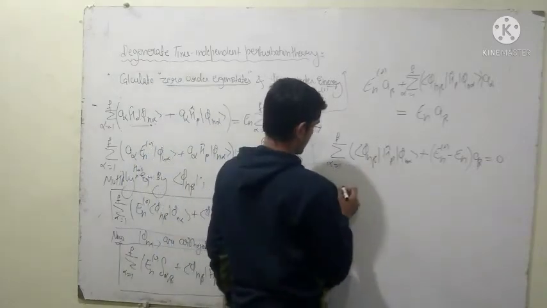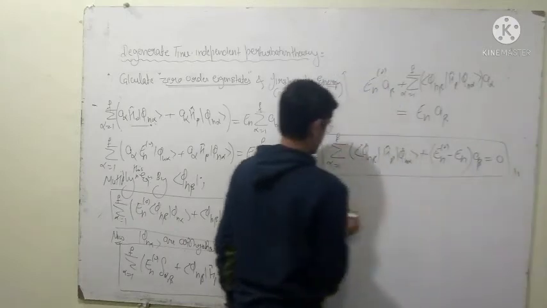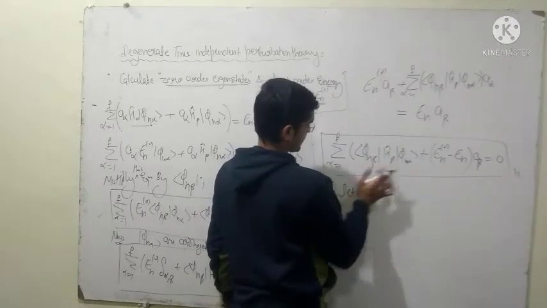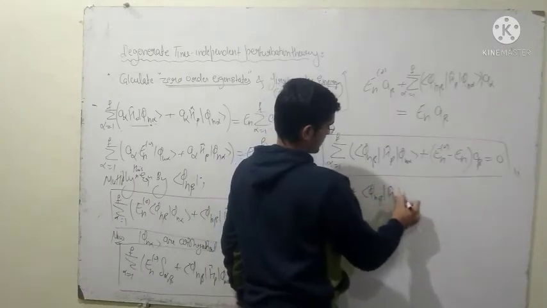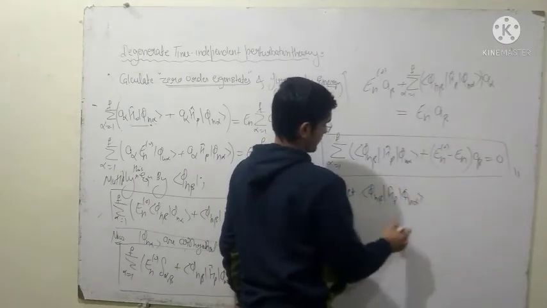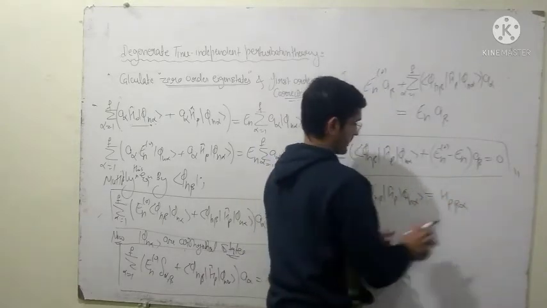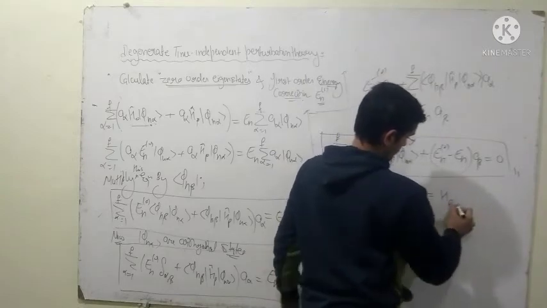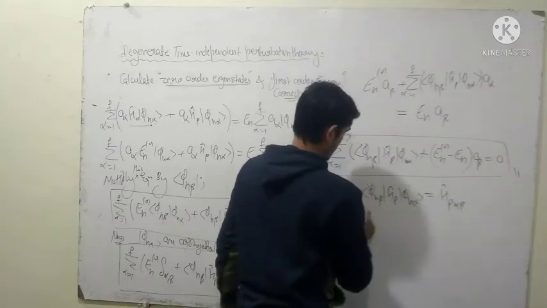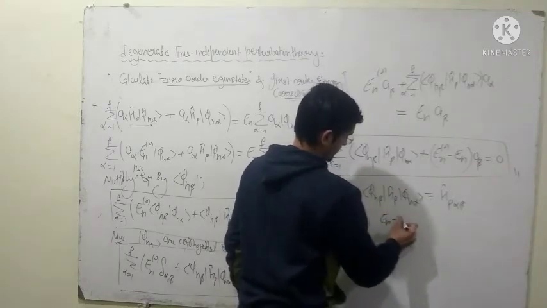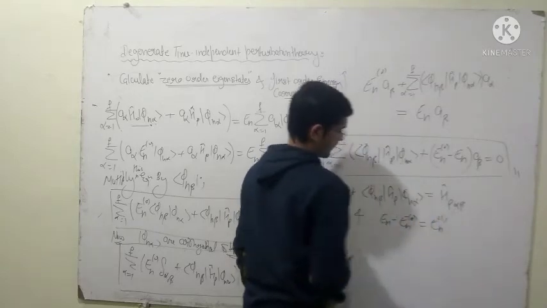So we are just supposing two terms. Let us suppose this quantity, phi n beta H p phi n alpha, is equal to H p beta alpha, and E n minus E n naught is equal to E n1.